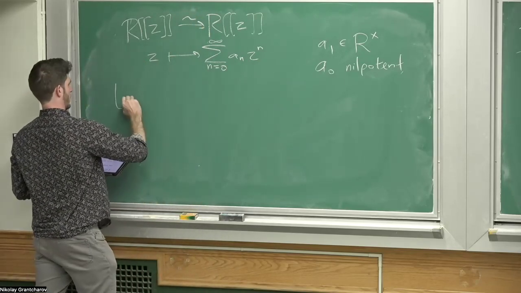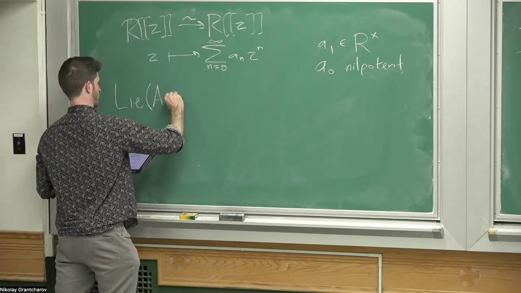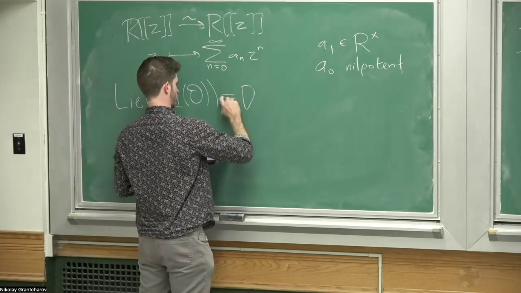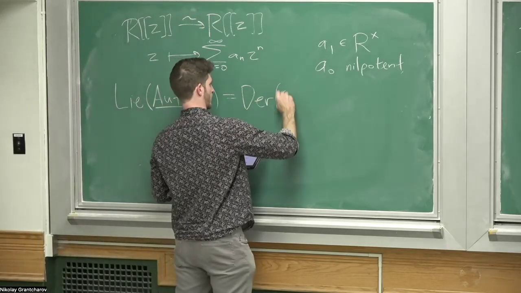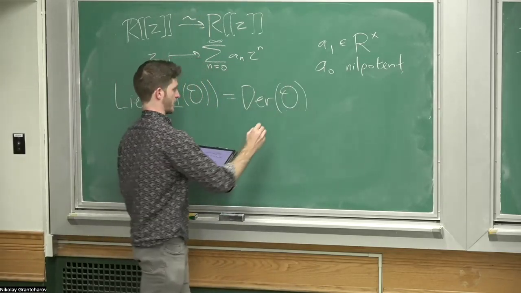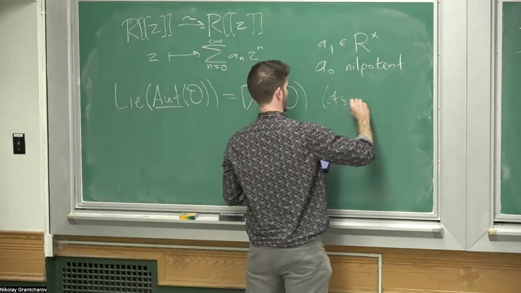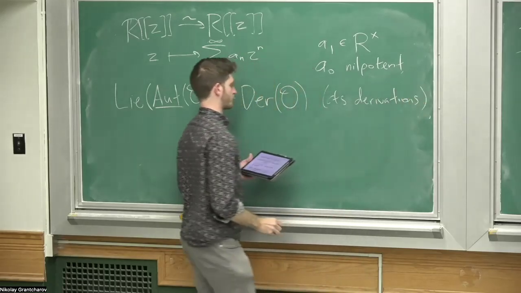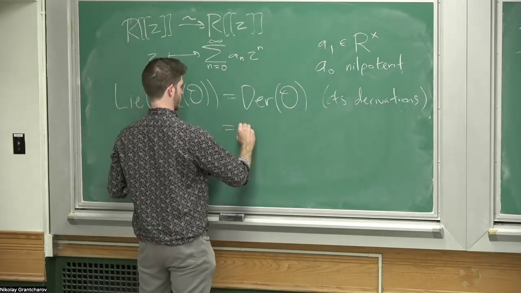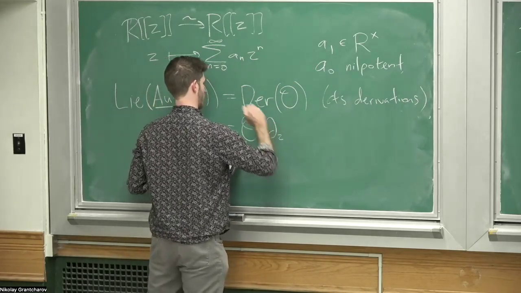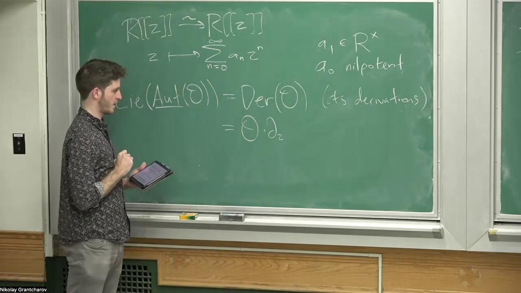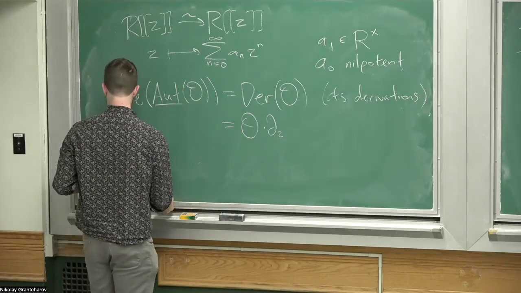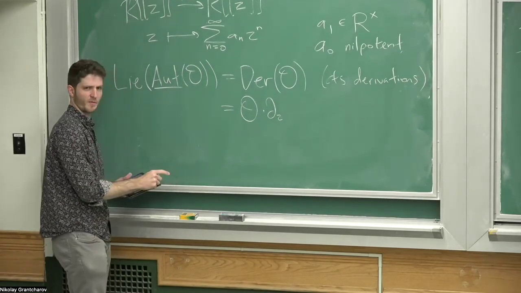So the Lie algebra of this thing is also familiar. It's the algebra of continuous derivations of the ring of power series. It looks like a rank 1 free module generated by the operator of differentiation with respect to z. We talked about the Virasoro algebra before, right? It came up already.